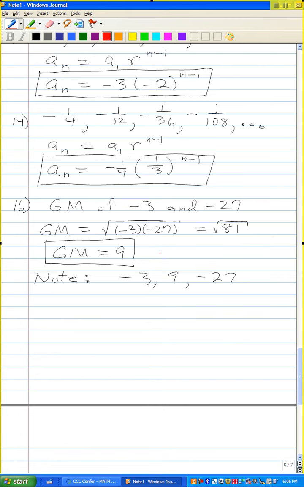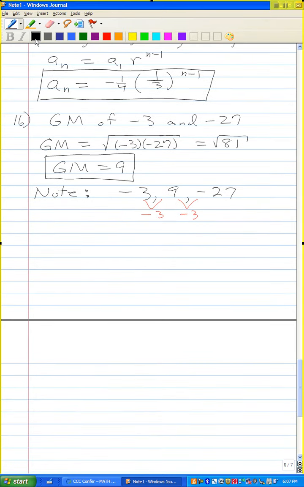And so notice that what we've really done is we've inserted something so that, well, negative 3 times negative 3 is 9, times negative 3 is negative 27, etc. So I've really just inserted some term to make this a geometric sequence, just like in the previous section, we inserted a term to make an arithmetic sequence, and we call those terms arithmetic means.